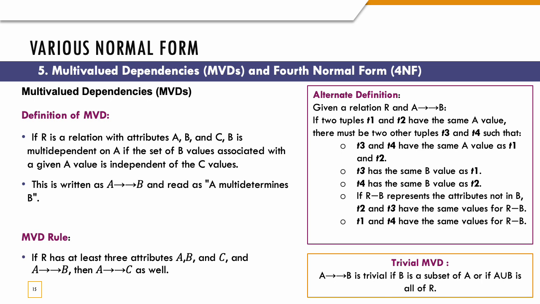In other words, knowing A allows us to determine B values regardless of what the C values are. For example, if we have a person A with multiple phone numbers B and multiple addresses C, the phone numbers associated with that person don't depend on the addresses, right? So the person's name multi-determines their phone numbers and their addresses separately.